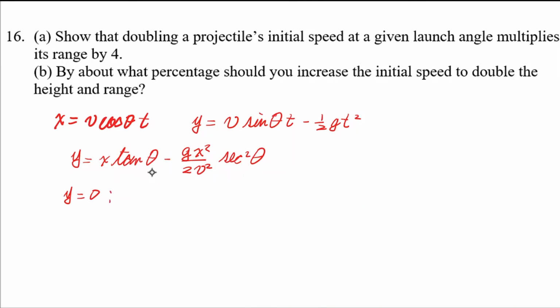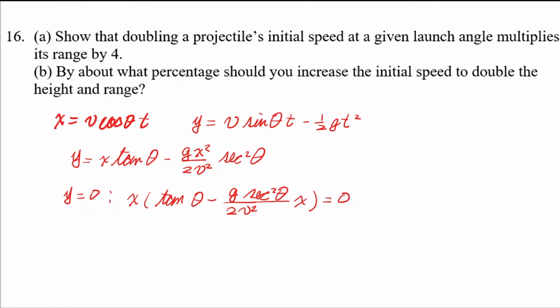So, well then we just solve for x. So setting this thing equal to 0. Can I factor out x here? Then we'll have tangent theta minus gx over 2v squared secant squared theta, times x. You know what I'm saying?